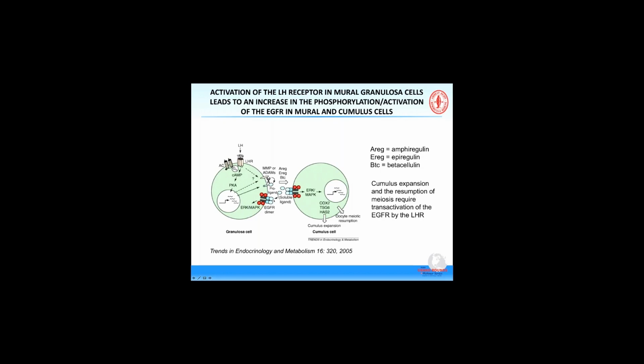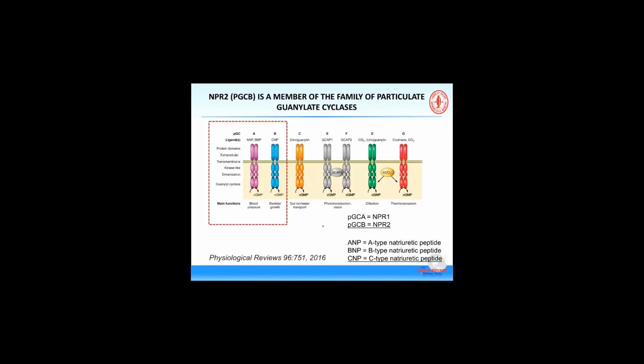And because the mural as well as the cumulus cells have EGF receptors, now these receptors in the mural cells and in the cumulus cells become activated as a consequence of the activation of the LH receptor. So the cumulus cells don't have to respond directly to LH. They respond only indirectly because of this pathway that I depicted in here. And that actually is essential for cumulus expansion, as shown in here, and it's also essential for ovulation. We will come to that in a little bit.